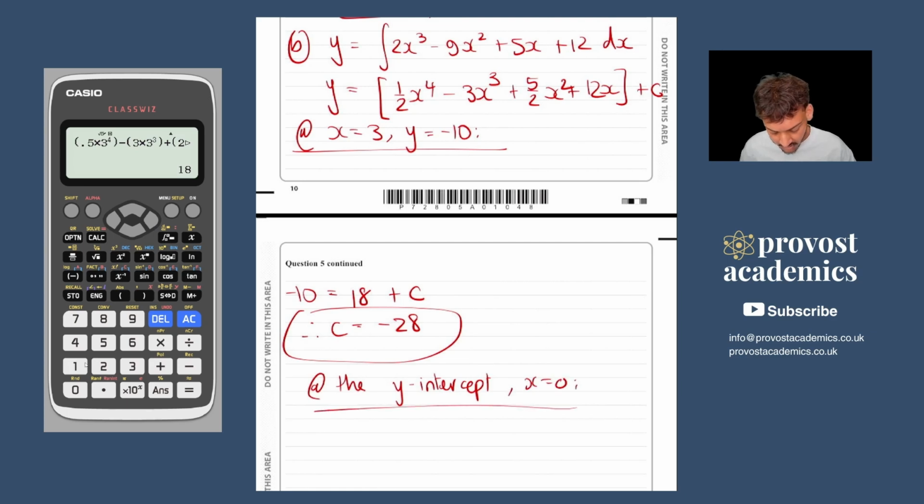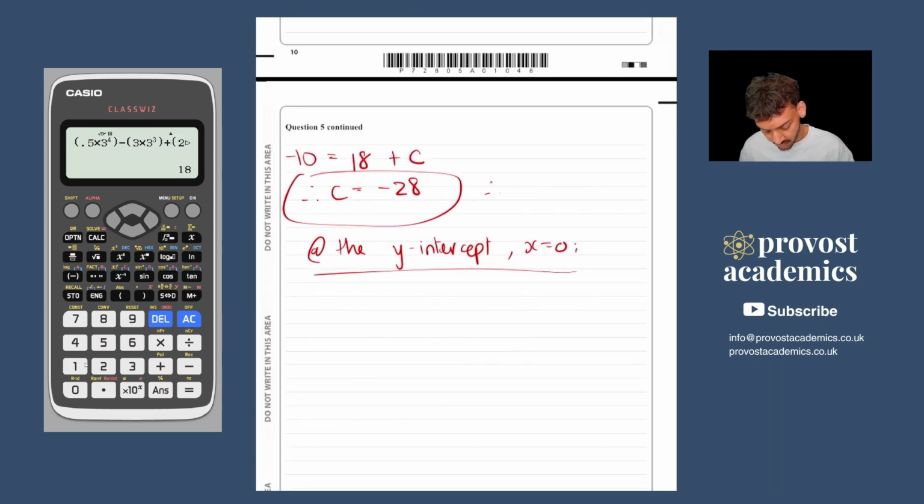If you sub in x equals 0 into all of these x's, everything goes to 0 and your y will equal c, and c is your y-intercept. Okay, therefore the y-intercept equals minus 28.